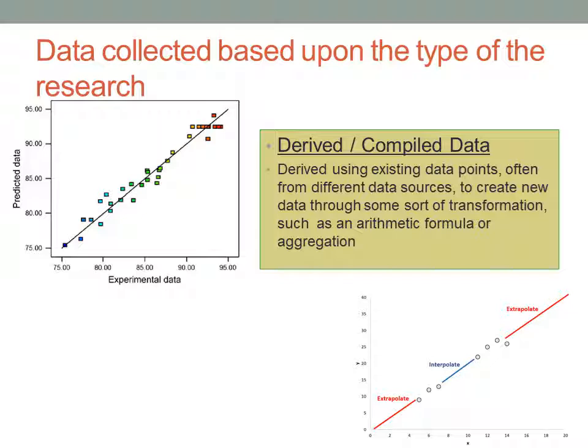Likewise, you can have different derivation types of data to be used for the second study. So you can call them derived or compiled data. So these are the 4 types of data that you can collect based upon the type of your research. What is the data type? Observational data, experimental data, simulation data, and the 4th one is derived or compiled data.